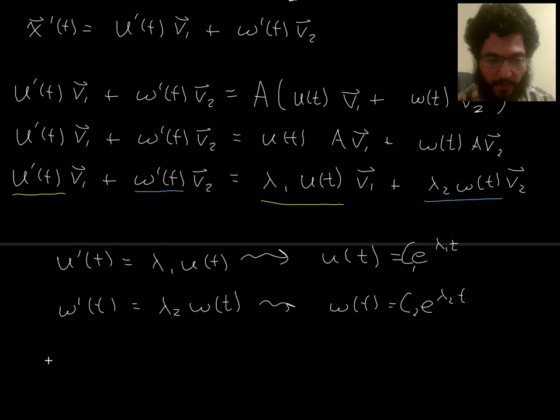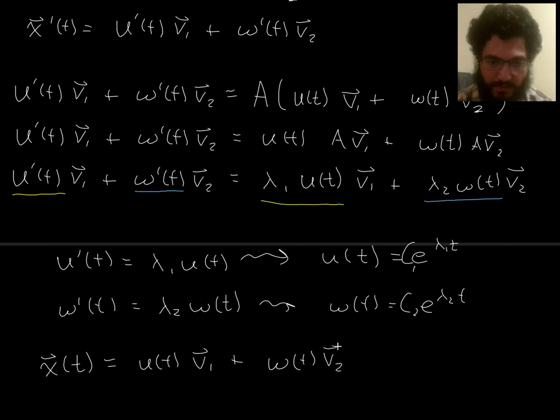So if we want to go back to figuring out what x of t is in the end, we had expanded it out as unknown function u of t times v1 plus unknown function w of t times v2, and then we figured out what the unknown functions have to be.